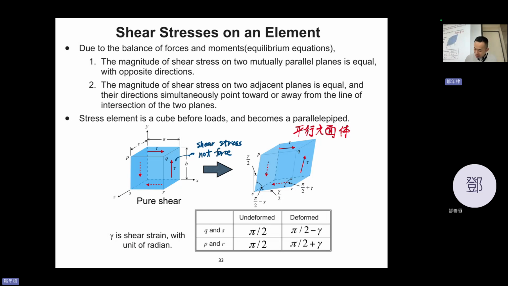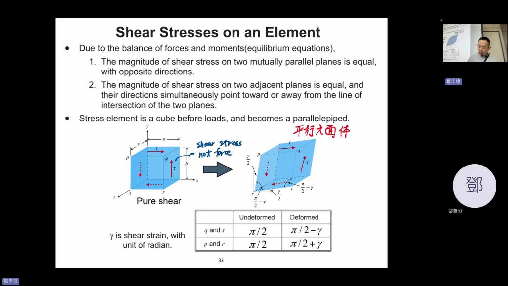For the S and Q corner, it is 90 degrees minus gamma. And the other two angles become 90 degrees plus gamma. Sorry, I should say pi over 2 plus or minus gamma. Pi over 2 plus gamma.